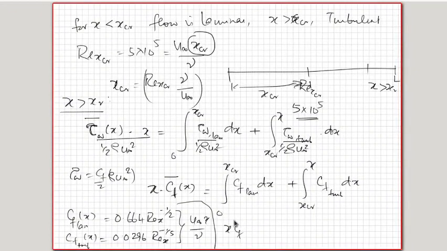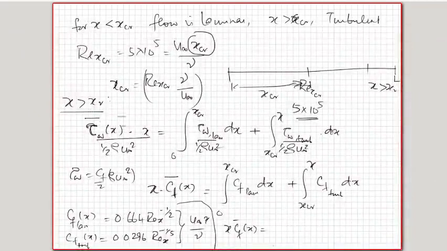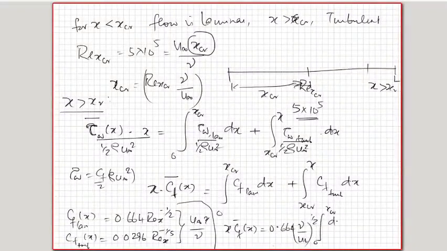x Cf bar of x would be equal to the integral from 0 to x critical of, okay, so I can take the constants out and write it a priori. So then I'll be able to write 0.664, this is Re to the power of minus half. So you will get nu by u infinity to the power of half, integral from 0 to x critical of dx divided by x to the power of half.